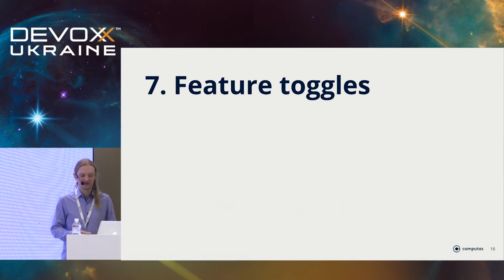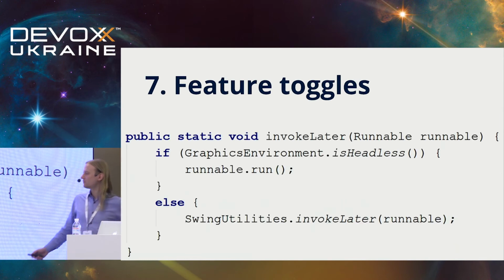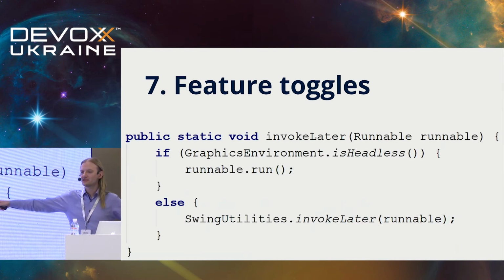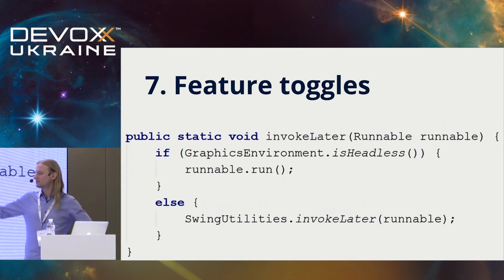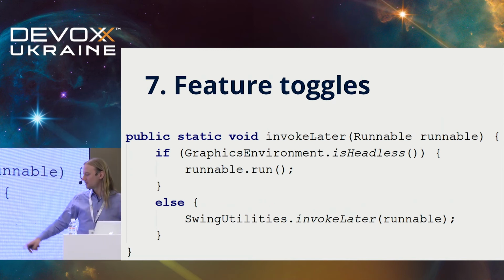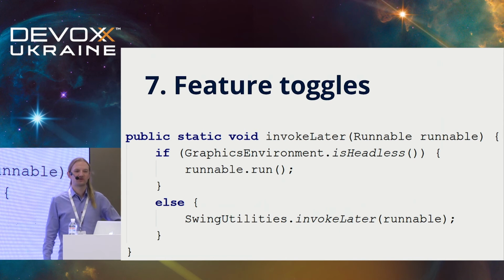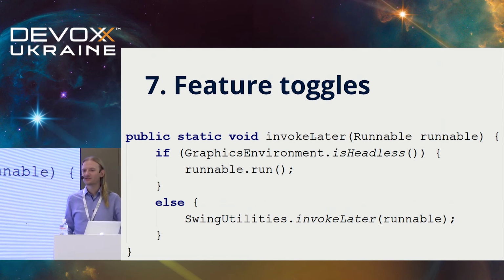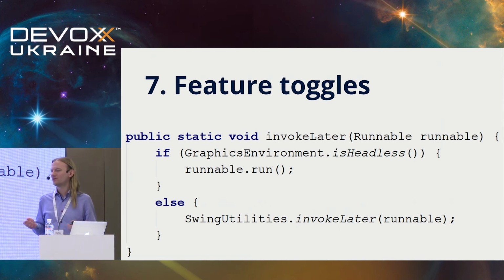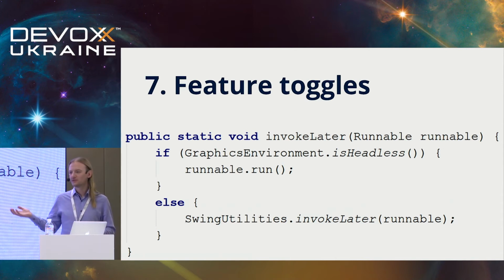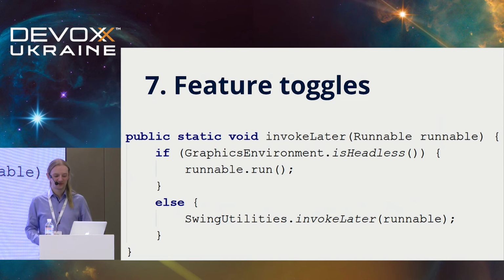But it can also be fine for your tests. Like in this example, we say that if we are running headless, as we are doing with our tests, then run the code at once. If not, invoke it later when Swing wants it to. And this is the kind of stuff that ideally you wouldn't want to implement in your code. But sometimes you have to make trade-offs.